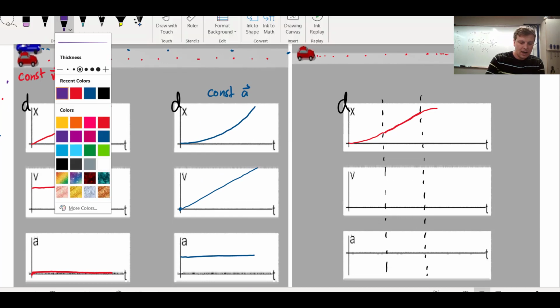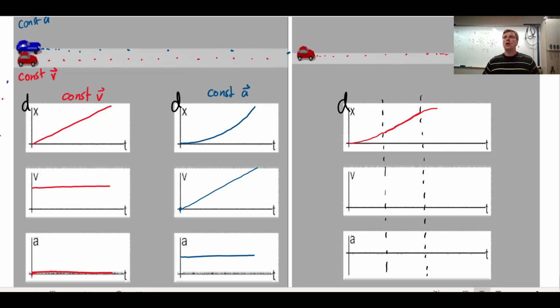For my velocity graph, the velocity is increasing at a constant rate, so my velocity goes up for the first phase. Next, the velocity stays constant, so I would have a flat section where we're going at a constant velocity. And last, the car stops fairly suddenly, so I drop down.